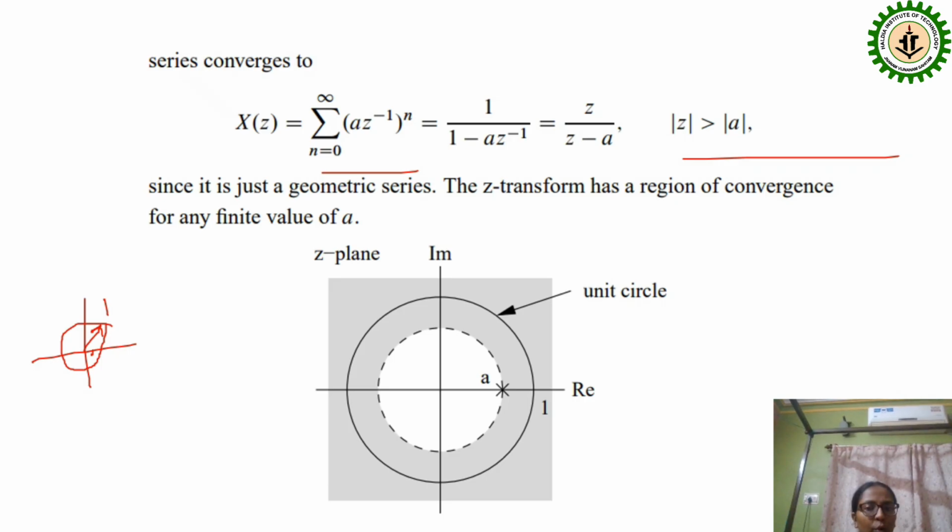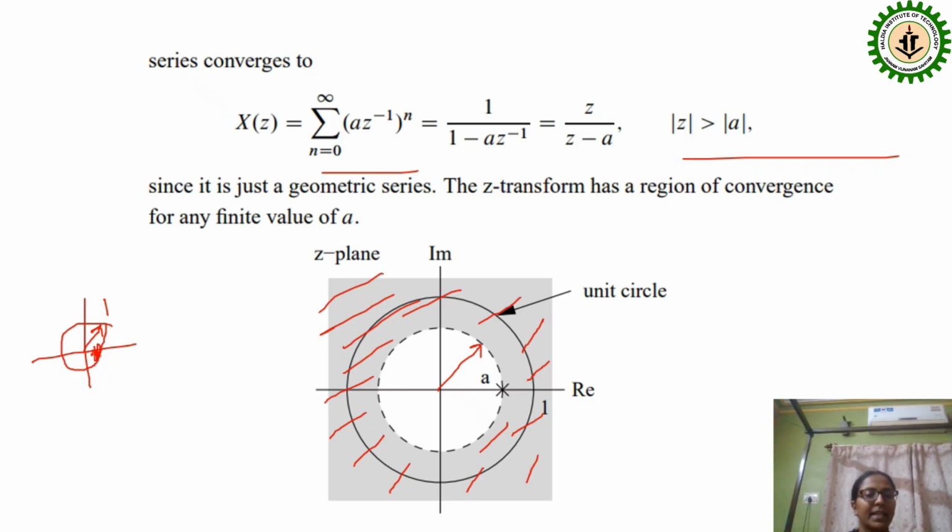So if the pole a is within the unity circle, then the region of convergence will be outside the circle. If I draw a circle with radius a, the ROC of this system will be outside the circle whose radius is a.